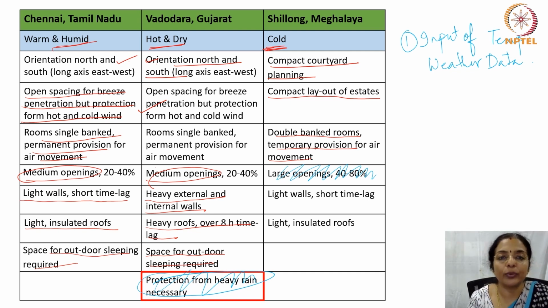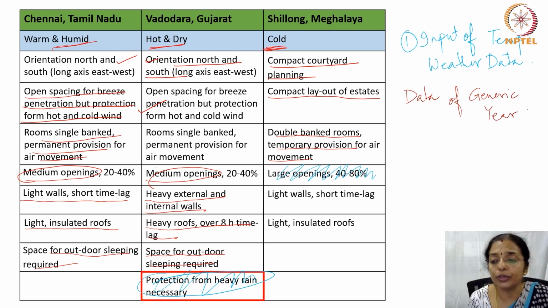Which year's data did you enter? So be very careful to enter data which is generic. Data of a generic year should be entered, and not data where during some year there must be something which is out of the norm for that particular place. Do not enter that year to get your recommendations.